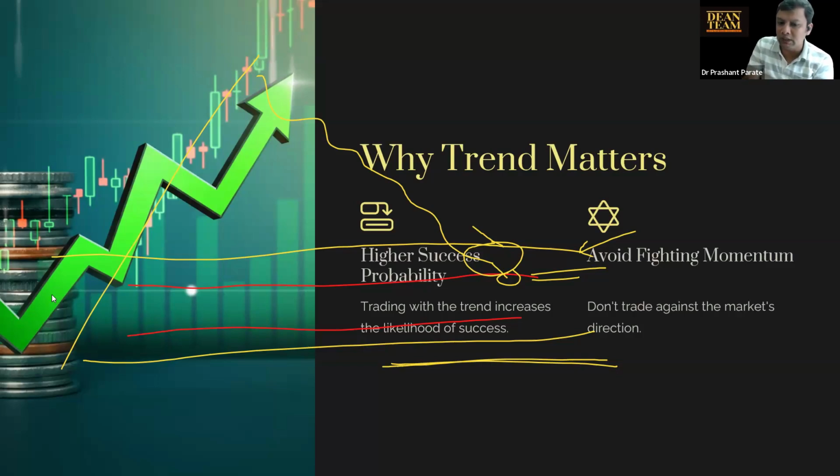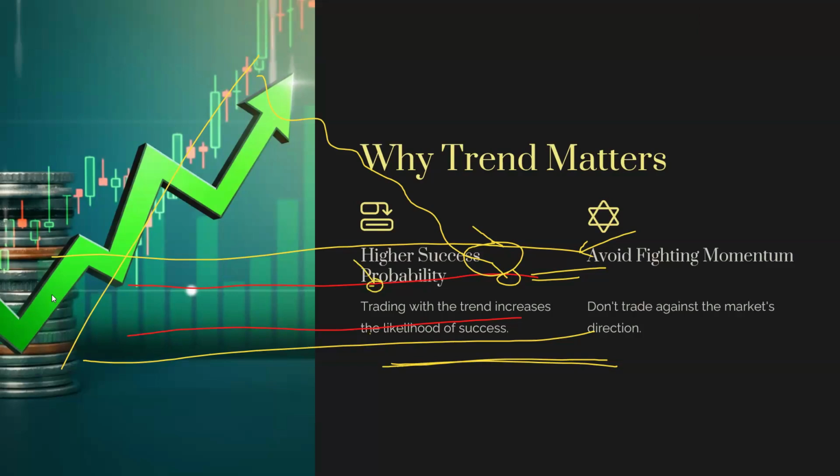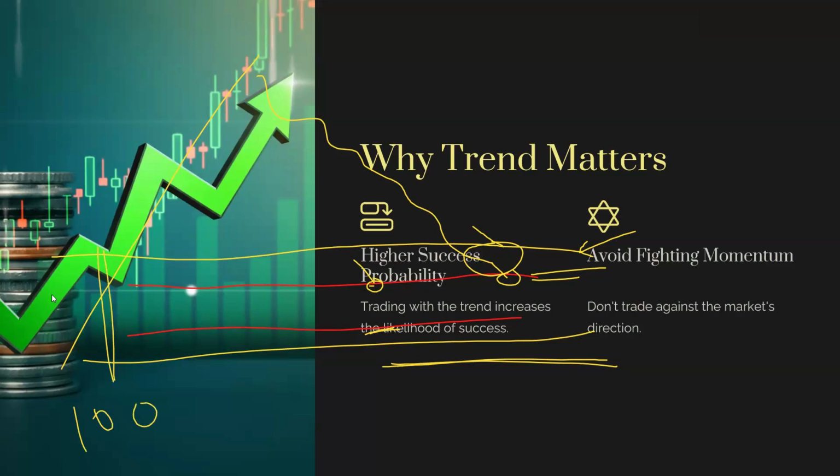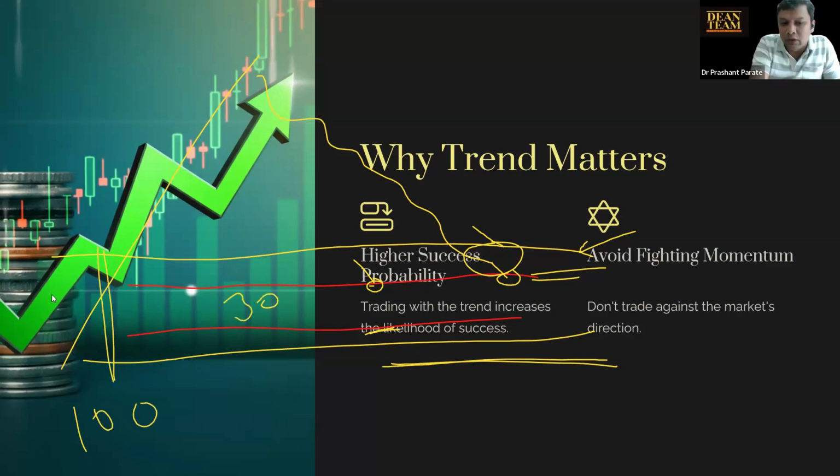But if you want to increase the risk reward, at that time you can look for entry on the 15-minute chart and stop loss below the 15-minute level. So that will reduce your stop loss. Suppose this is a stop loss of 100 points, and on 15 minutes you are getting a stop loss of 30 points. This 30-point stop loss will increase your reward by at least 3 times.